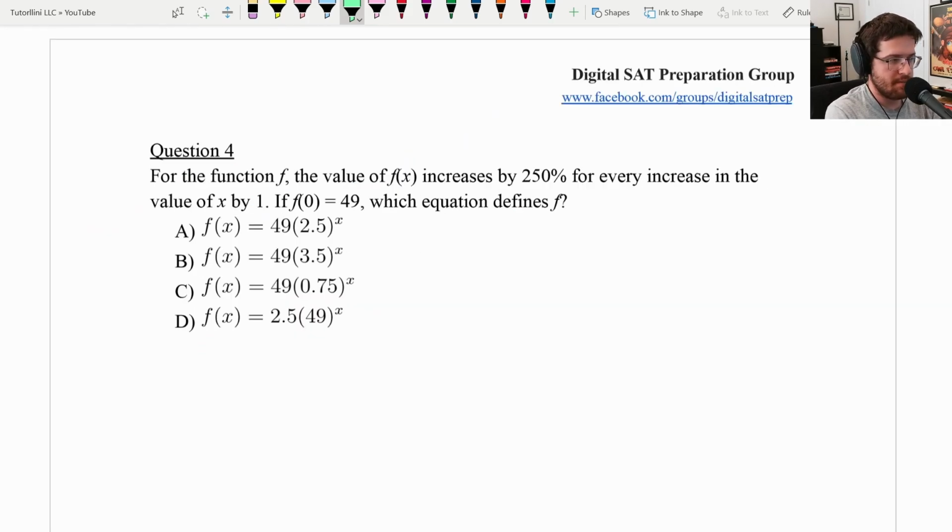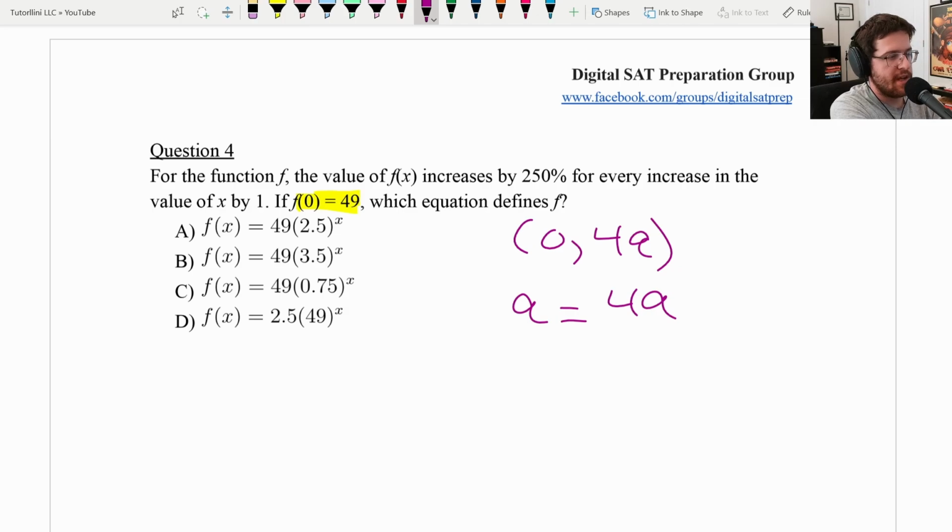Okay, question 4. So it tells us that f of 0 is equal to 49. That is the point 0, 49. That is the y-intercept because x is 0. So a in a times b to the x is 49. Now the multiplier, they tell us here, for every increase in the value of x by 1, remember that was in the slides, that tells you the multiplier.